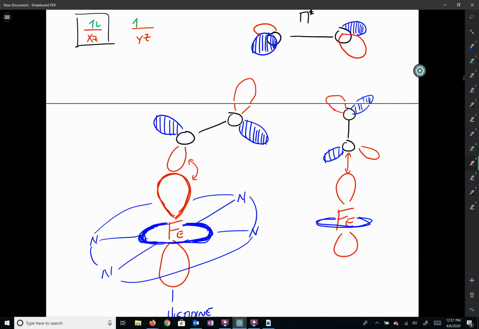So the dz squared won't be able to interact with that. Now, we could interact, in theory, with a couple other orbitals. But if we bring in the oxygen in a linear fashion, the best we could make is 2 pi-type bonds.